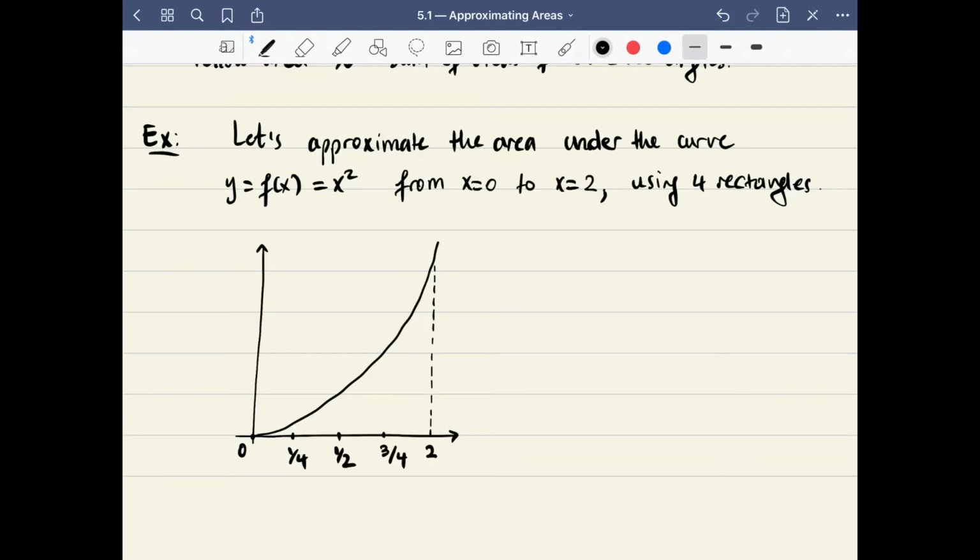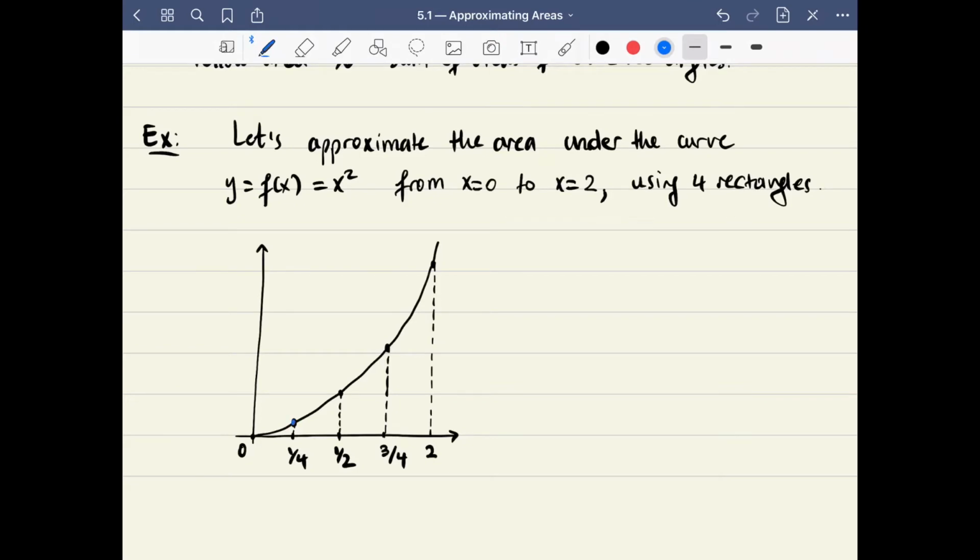So let me first draw these vertical dotted lines. And then I have these points here. And then for the very first interval, let me construct a rectangle where the height is the value of the function on the right endpoint of the interval.